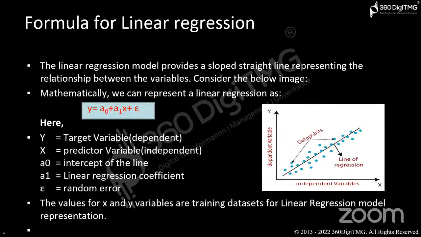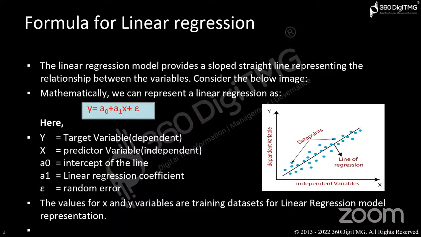So the formula for linear regression, you can see, y is equal to a0 plus a1x plus epsilon. This is the mathematical representation of linear regression.